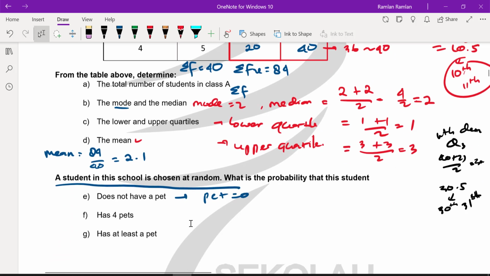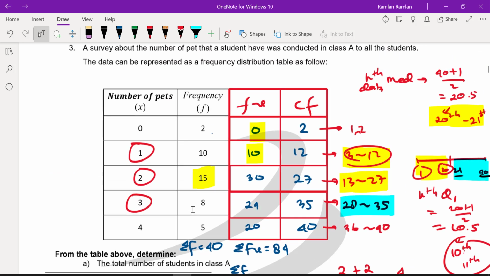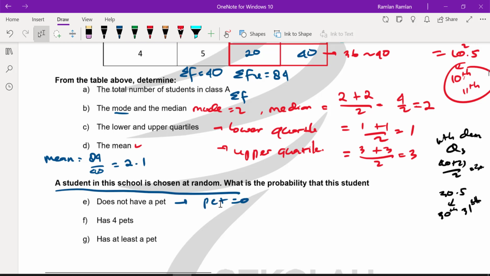We can see that the frequency of students who don't have any pet is 2, right? So the probability of this event, let's say it's E, because this is question E, you can actually use P(X), it's the same thing. That will be just 2 out of 40, because we have 40 students. But remember, guys, you need to answer the question in the simplest form. You'll get 1 over 20.